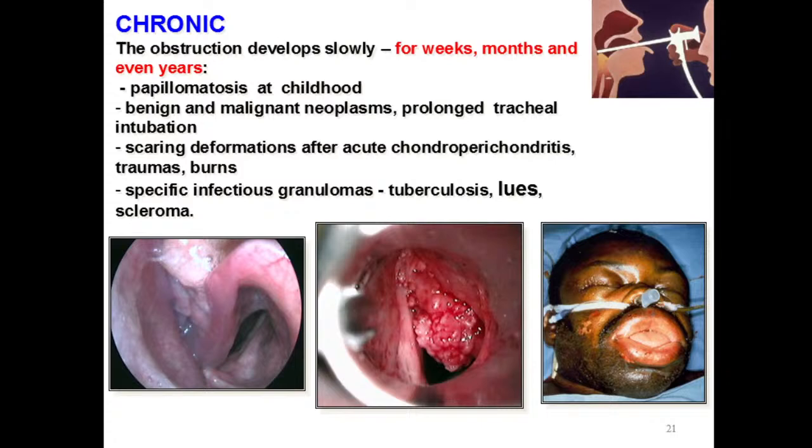You must remember that in childhood, the most common reason is papillomatosis of the larynx. Here you can see it is papillomatosis. You know that papillomatosis is caused by papilloma virus. The most severe serotypes of the virus are 6 and 11.